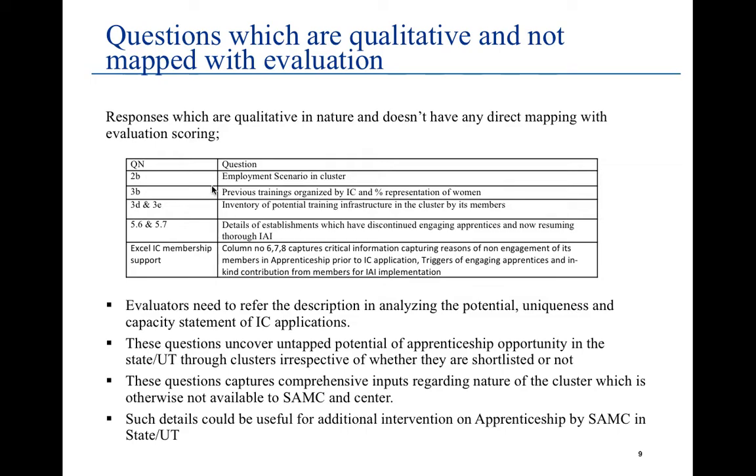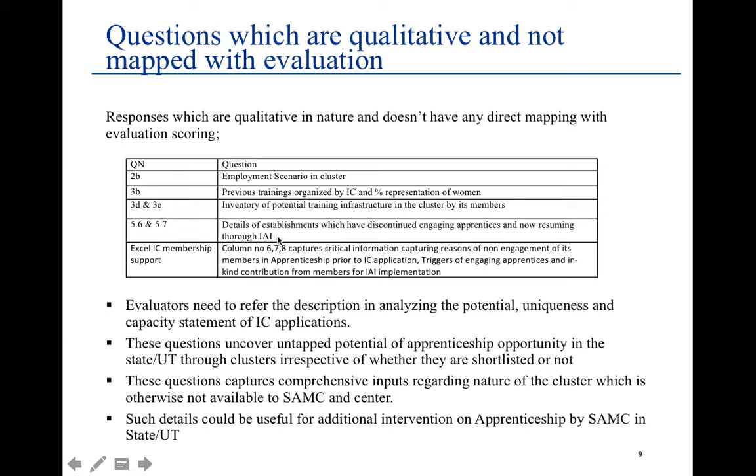For example, there are questions in the IC application form, question numbers 2B, 3B, like that. These are the questions which we have identified, and the categories of them. So for an example, we'll just tell you about, let's say, anything.